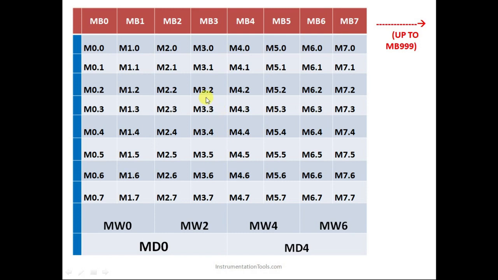Again the same case: if you write MD1, then this MB1 will also come under the influence of MD1, so again there will be a chance of overlapping. In order to avoid overlapping, we need to address the memory double word in this way: MD0, MD4, MD8, and so on.